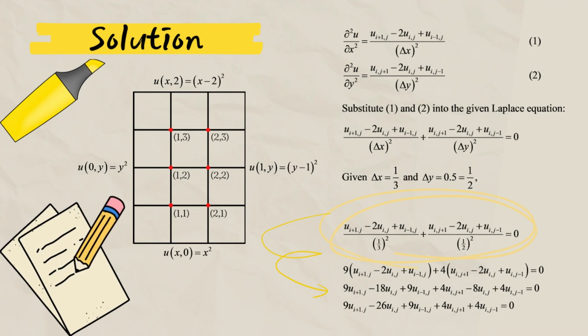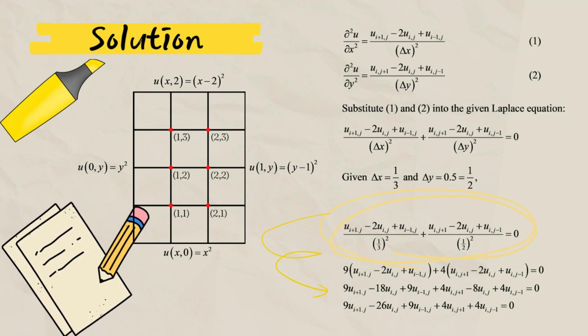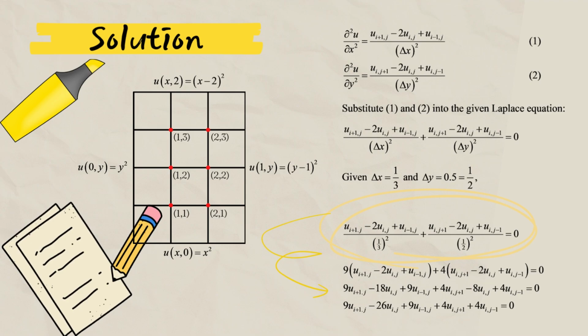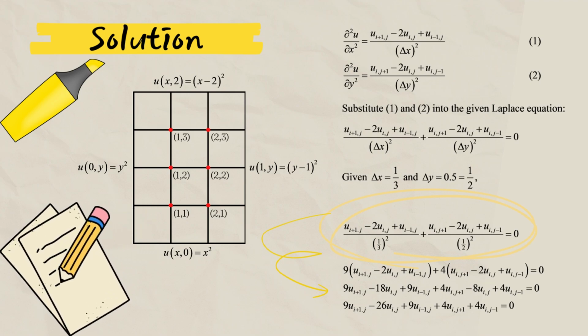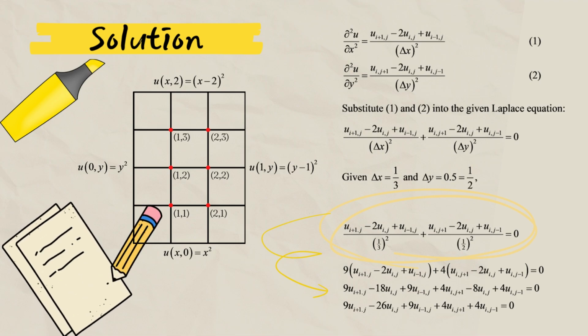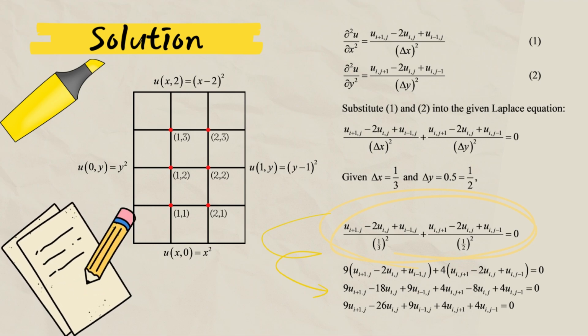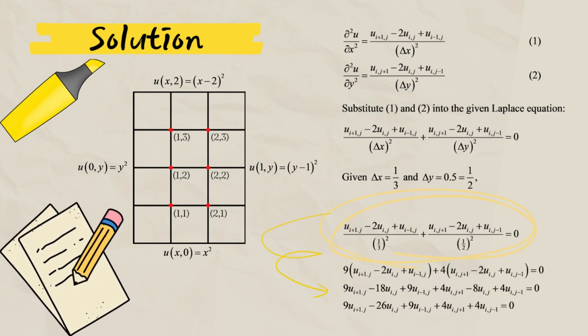Since the question has asked us to solve using finite difference method with central differencing approximation, we will first derive equation 1 and equation 2 from the central difference formula. Then, we substitute equation 1 and 2 into the Laplace equation given by the question. After obtaining the equation above, we substitute delta x equals 1/3 and delta y equals 0.5 into the equation to get the equation below.